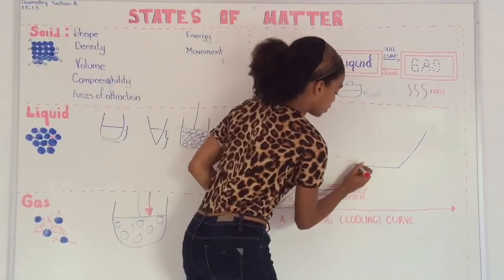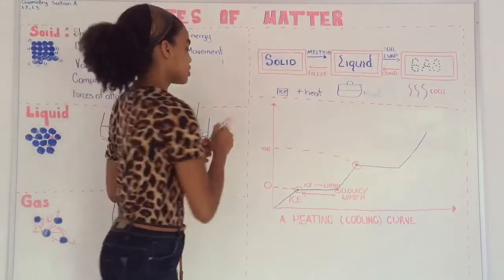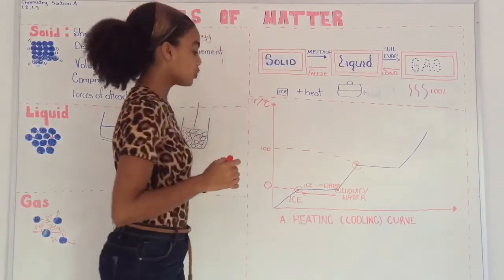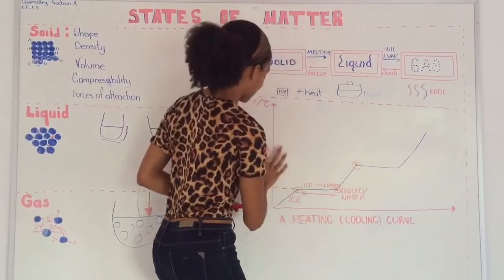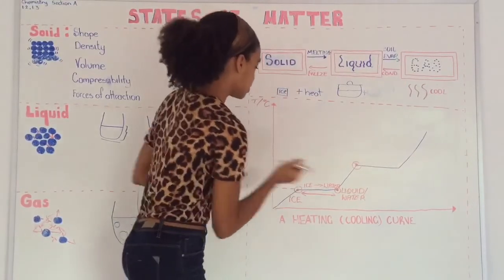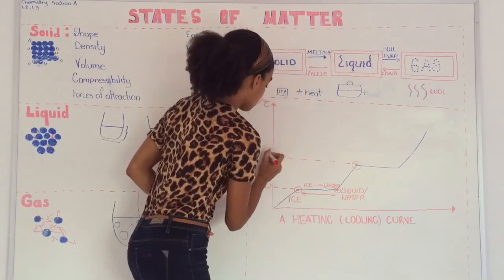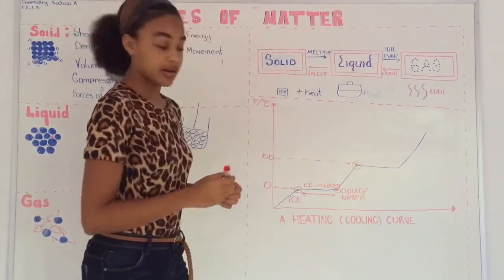Now, what did we say happens at 100 degrees Celsius for water? This is temperature in Celsius. So what do we say? Oh, this is a very lean line. What do we say happens at 100 degrees Celsius for water? Boiling or evaporation, right? Right.